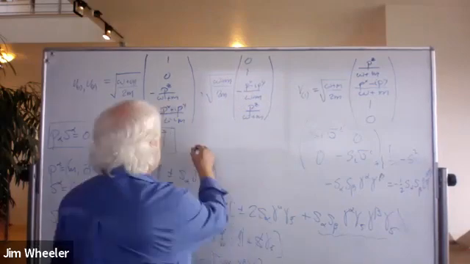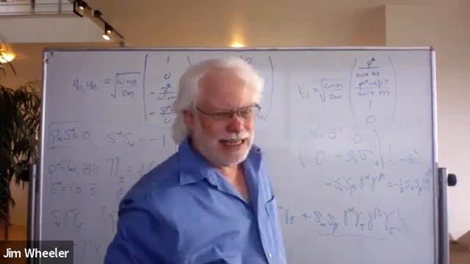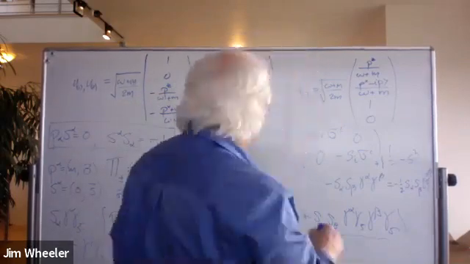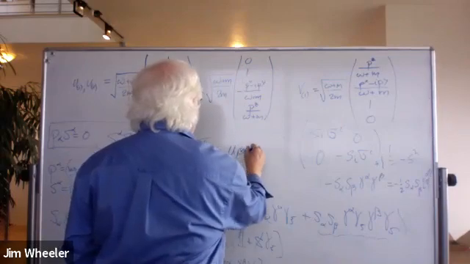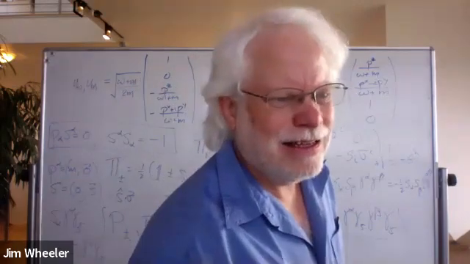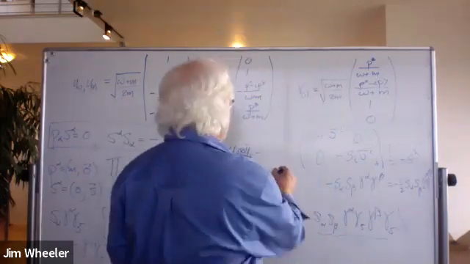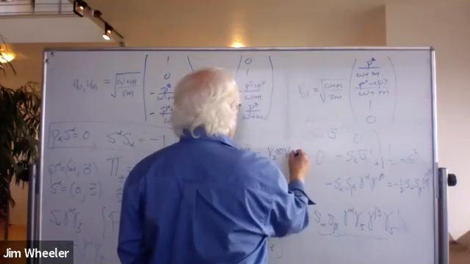But I have written here, pi plus is if I take U1 cross U1 bar minus V2 cross V2 bar.